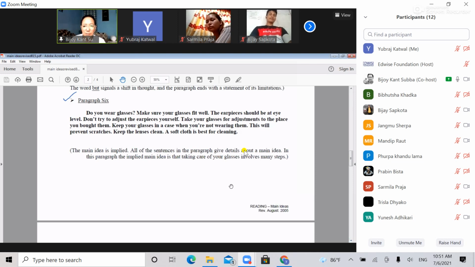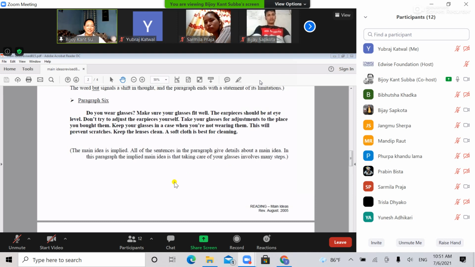Now, what we notice till now is that the topic sentence can be first, in the middle, or there can be more than one topic sentence. Go through this. Now check this, finally. Go through paragraph 6 and try to find a topic sentence.